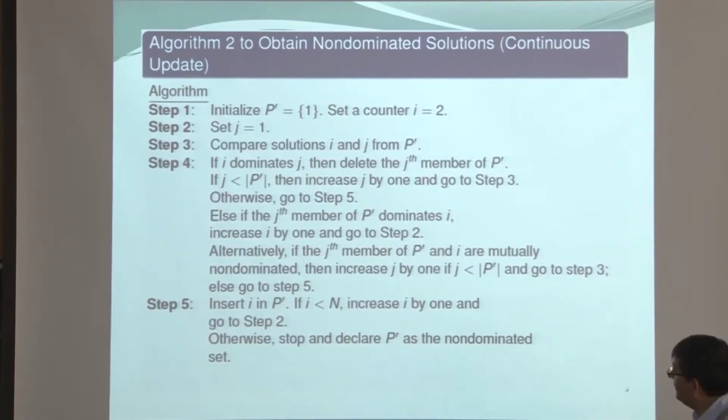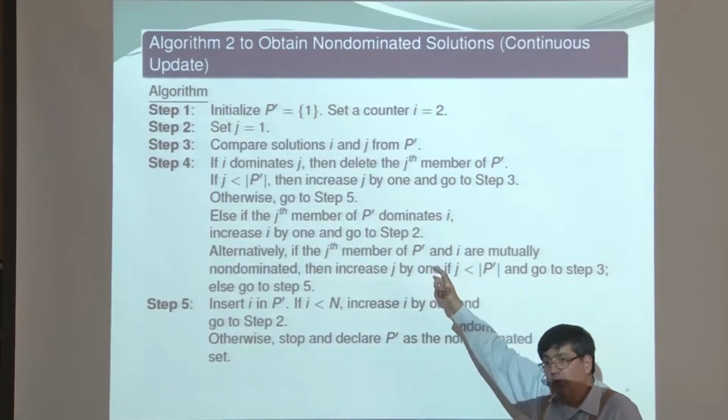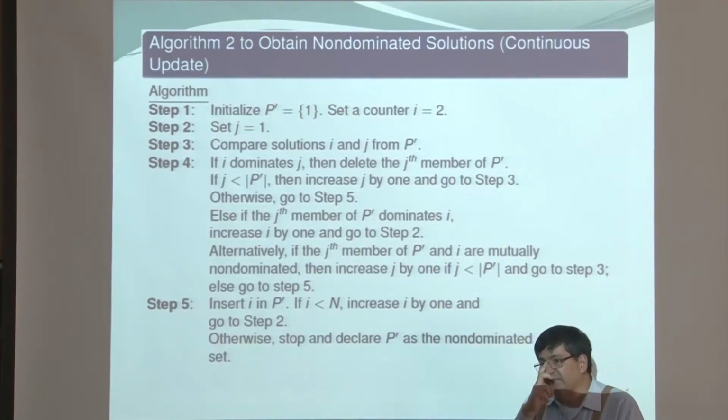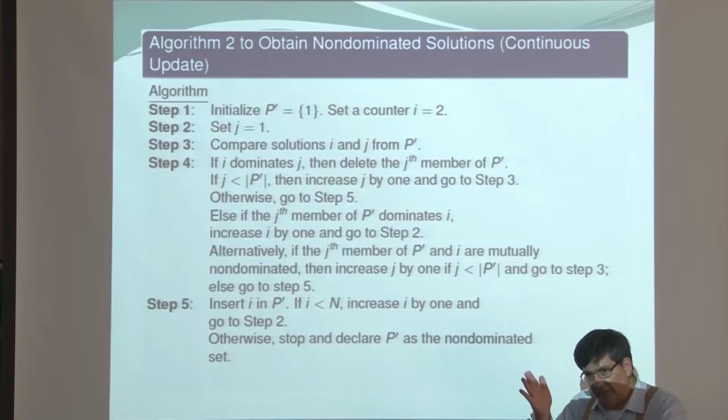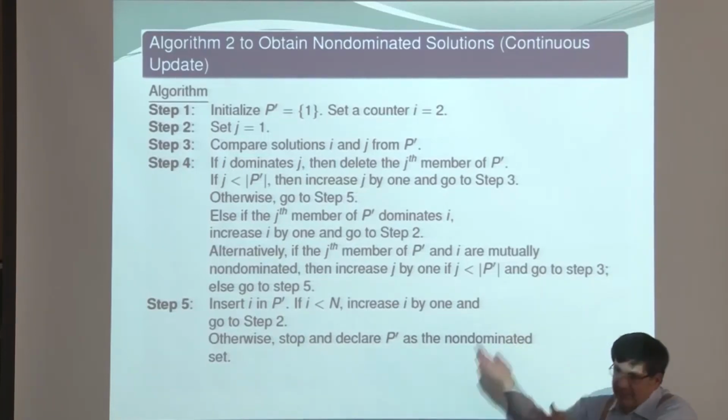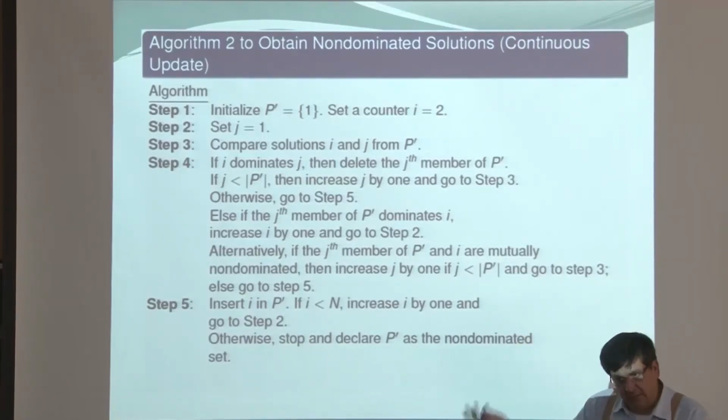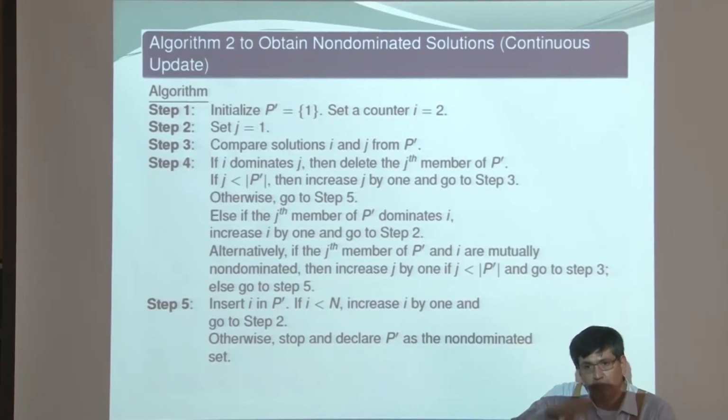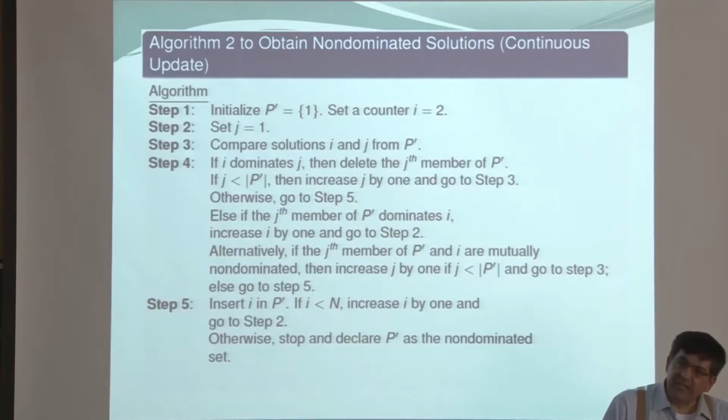Because each time you are comparing dominance in the two directions, whereas in the other case, you always do it in one direction, and then you do everything in the other direction, all the time. In this case, since you are doing both, you are saving comparisons. Because once you check in one of the two directions, this guy is dominated, that's it. You get rid of the solution. It doesn't get into the set. So it's more difficult to implement, more difficult to execute by hand, but it's more efficient.